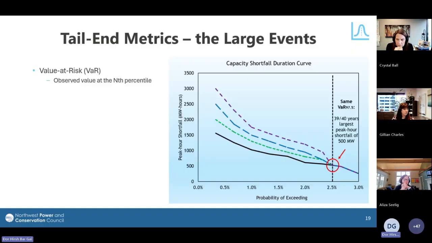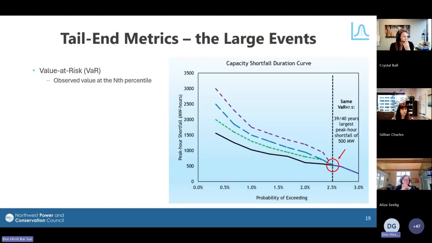This is not hours, but when you stack all the maximum shortfall capacities, this is the curve that you get. And you can see that while they all differ, with the top dashed purple having the highest largest deficits, and then it goes down as we vertically go down the line, all of them, however, share the same value at the 97.5th percentile.